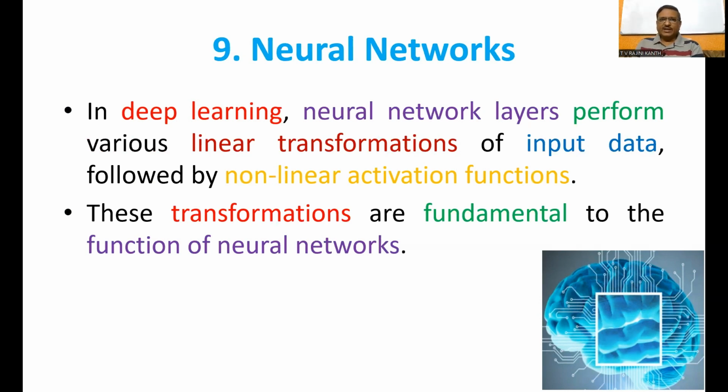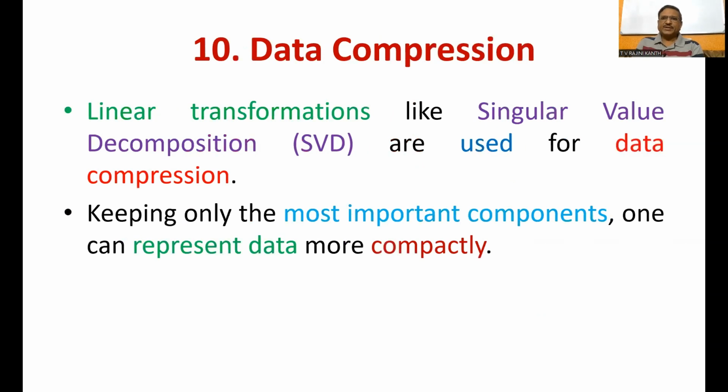We go to the last topic, data compression. Earlier I showed the number of attributes reduced and the number of data points reduced. That also you can consider under data compression. This goes with the singular value decomposition.